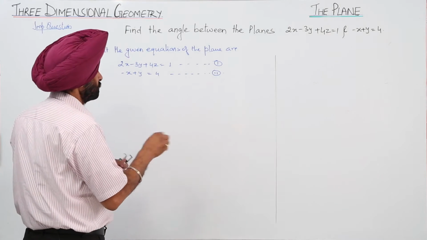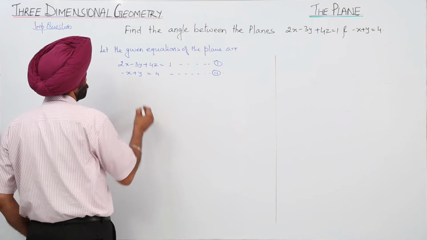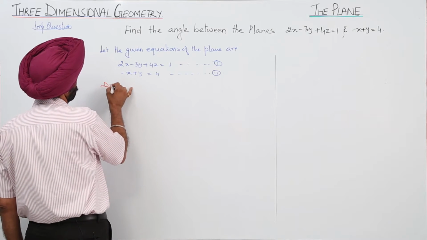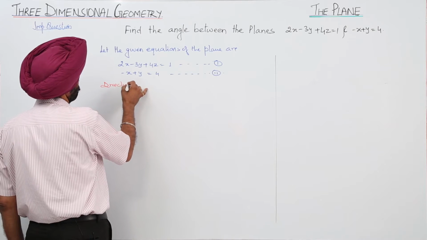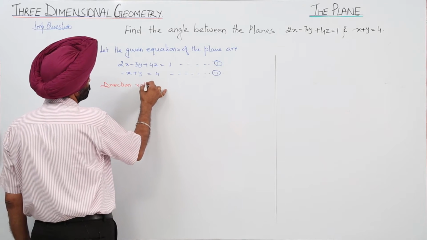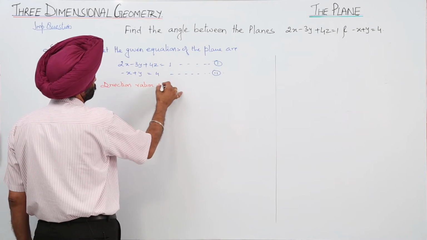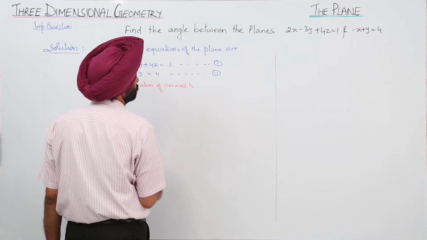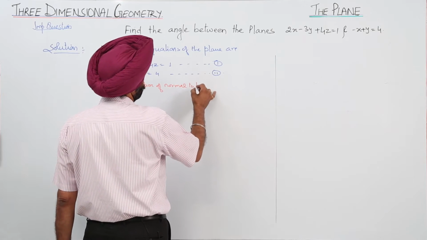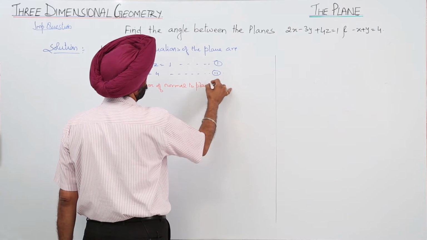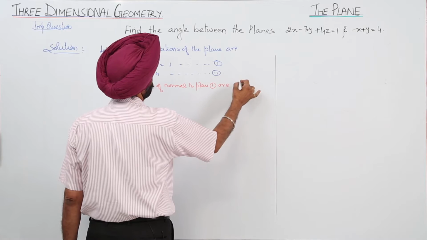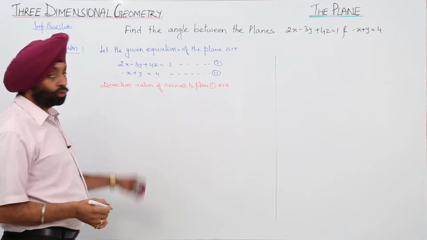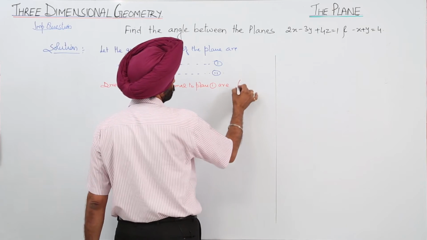Now the direction ratios of the normal to plane 1 are 2, minus 3 and 4.